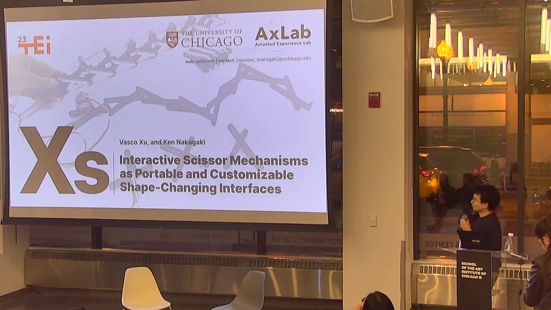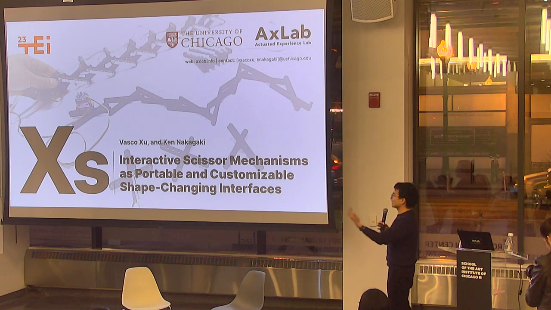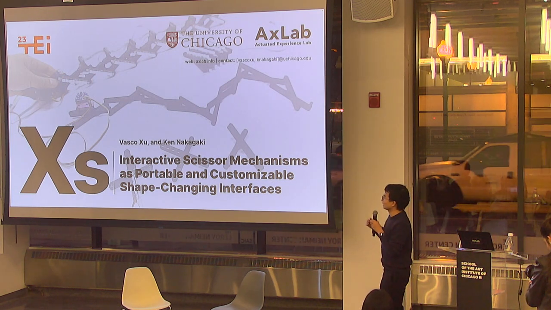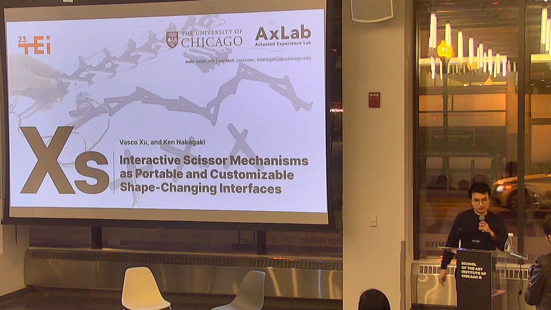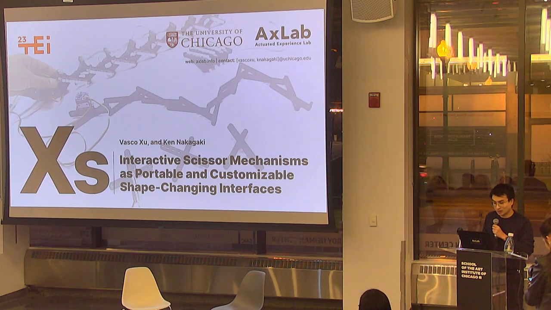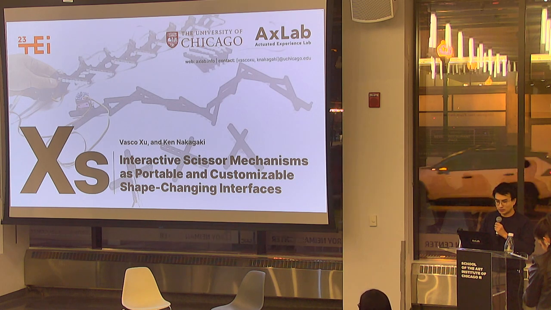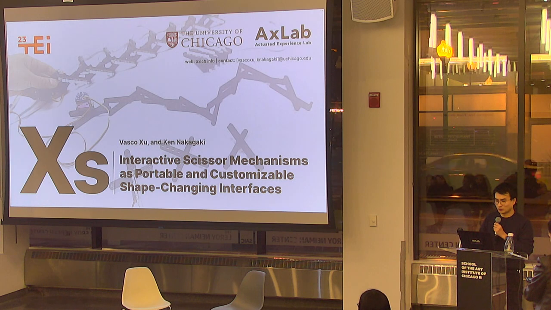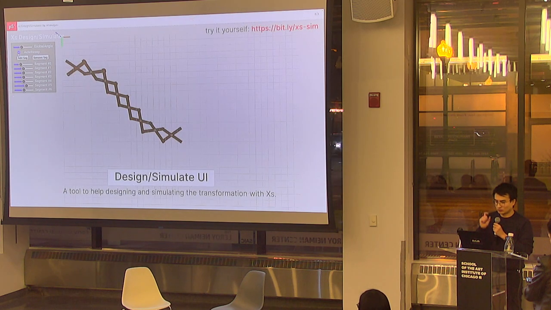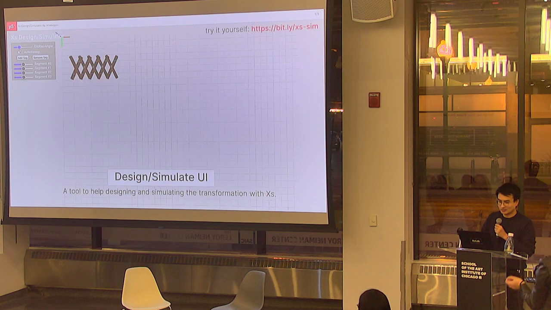One example on this line of work on line-based interfaces is Project Axis, which we published last year. This is looking into an expandable mechanism called the scissor mechanism.